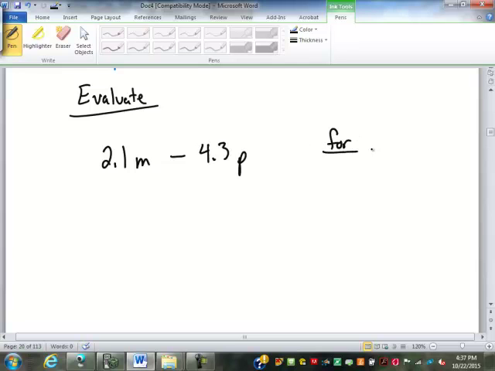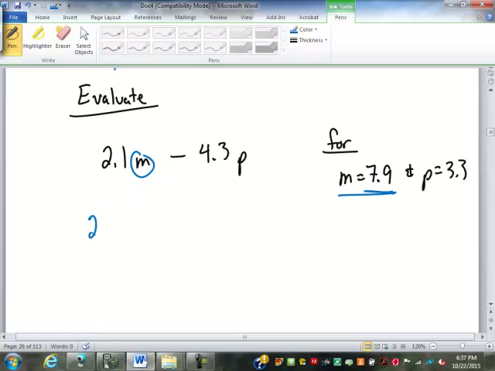If I ask you to evaluate 2.1m minus 4.3p for m equals 7.9 and p equal to 3.3, what am I going to do? I'm going to replace m with 7.9.